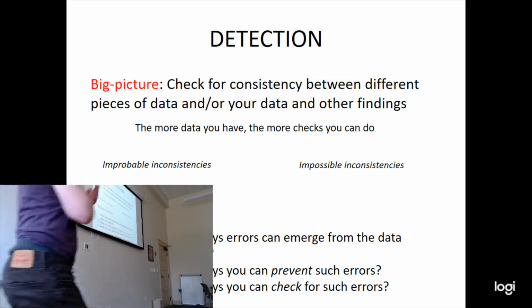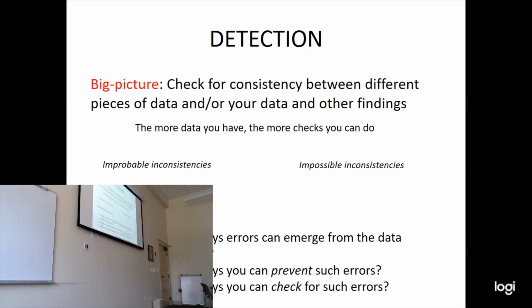Okay, so activity time. What this looks like is going to vary a lot from project to project. So what I want you to do is gather around in groups of, let's say, three, and talk with your neighbors about, one, what are some possible ways that errors can creep into your data, the data that you are working with now or usually work with?